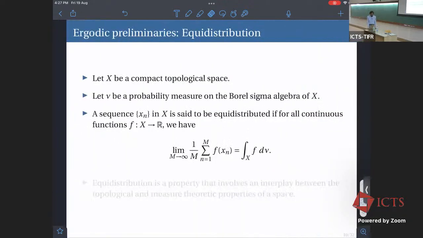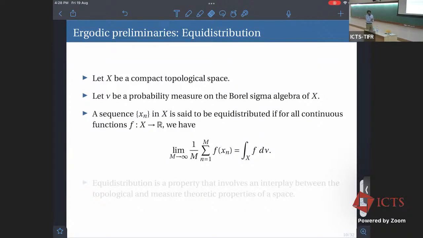Then a sequence x_n in X is said to be equidistributed when it does the obvious thing. To state it precisely, if you take all continuous functions from this compact topological space to R, and evaluate the function at all these x_n's and take the average, it gives you the integral of f.